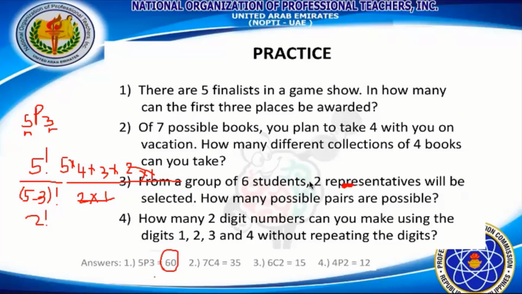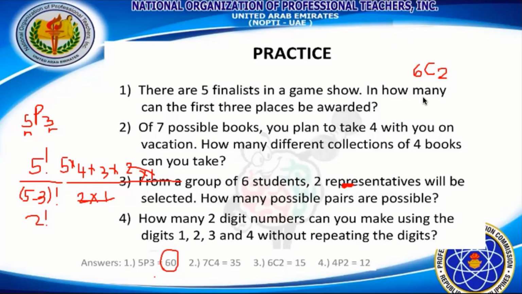So, 6, magiging ano siya? 6 combination 2. Combination kasi wala siyang order. Hindi hinahanap na babae at lalaki lang or first and second lang, first 2, ganun. Pag ganung question, that's permutation.